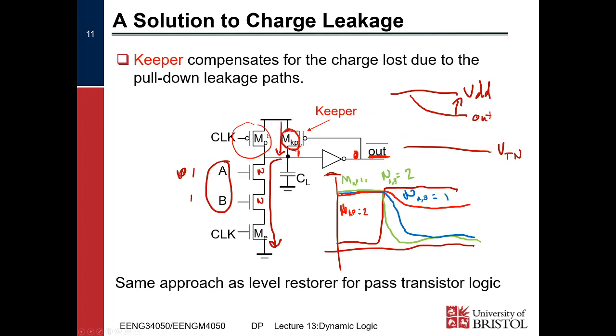So remember when we saw our keeper transistors in both the pass transistor logic section and now in the dynamic logic section, we said that actually we need to make sure that the logic, like we've got this keeper transistor which is holding the output high. We need to make sure that our output, our pull down network, is able to overpower that keeper transistor, right?